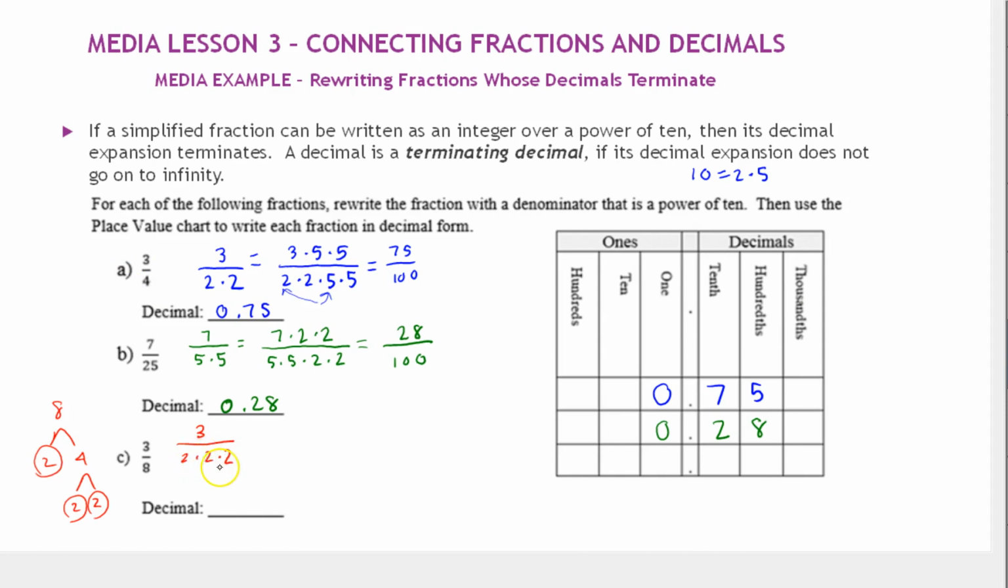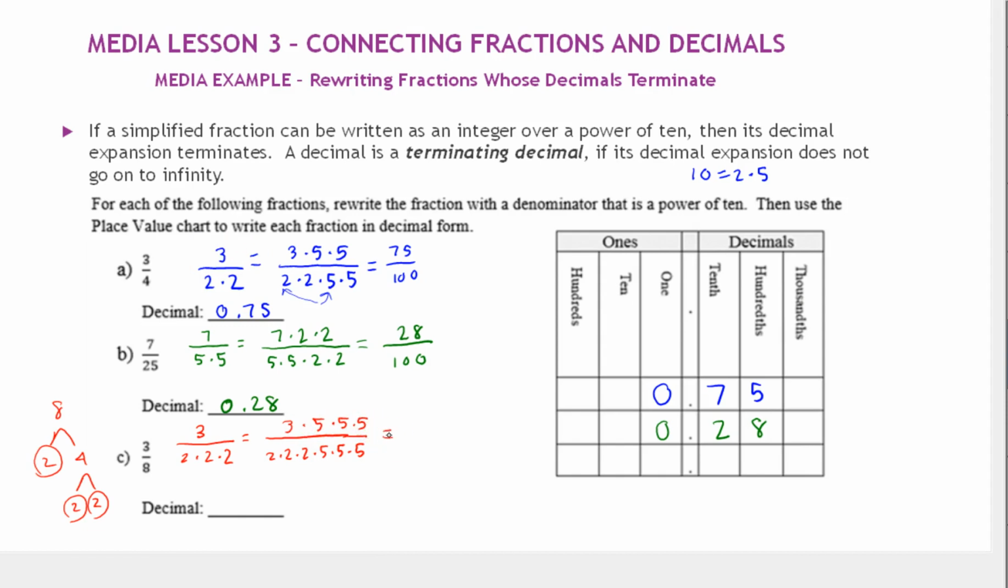They're all 2s, but there are 3 of them, so I'm going to need 3 factors of 5. I need one additional factor of 5 to match up with every factor of 2. We have the 3 up there, keep that, but we need 3 factors of 5 on top as well.